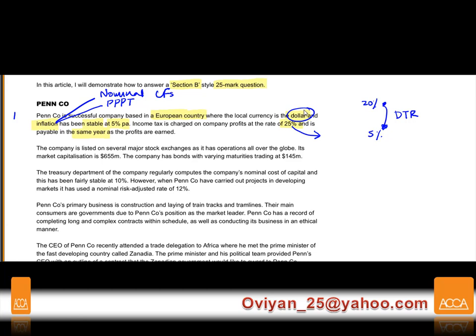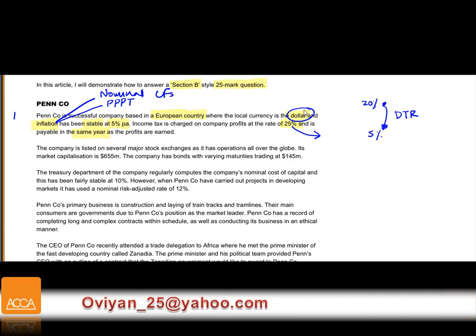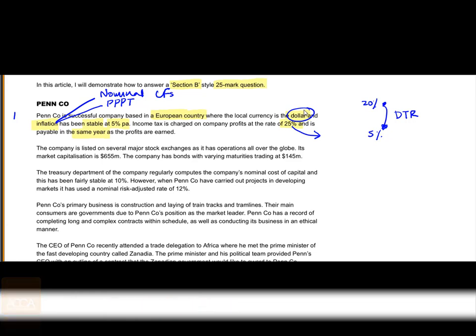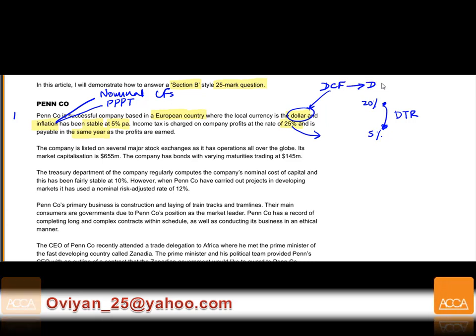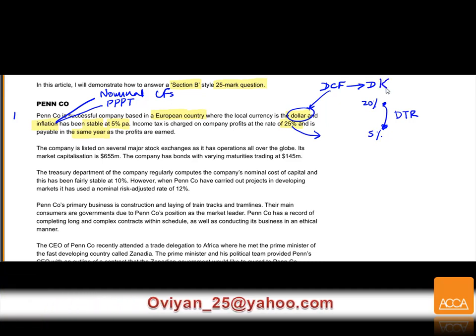That means you're going to discount domestic cash flows. Is that okay? We're going to find out a domestic cost of capital. We must be given a domestic cost of capital because we're going to discount domestic cash flows. So domestic cash flows, make sure you discount using domestic cost of capital.